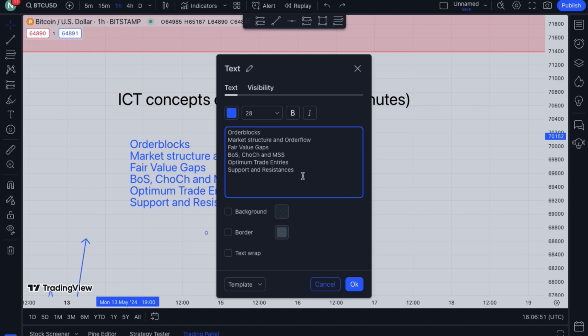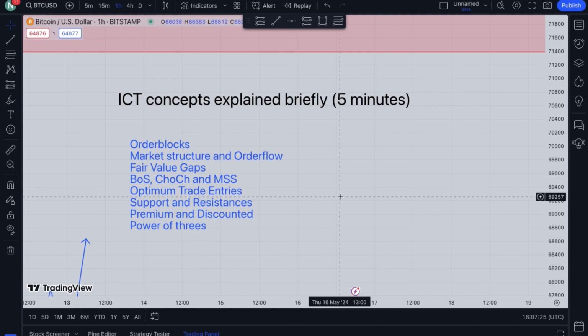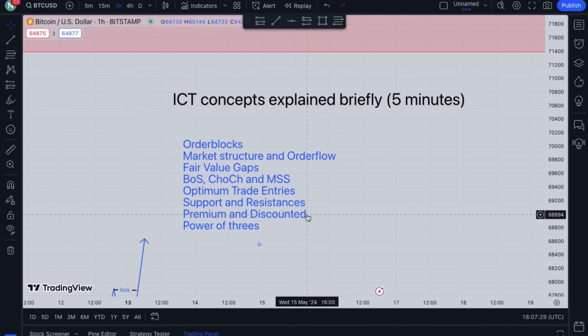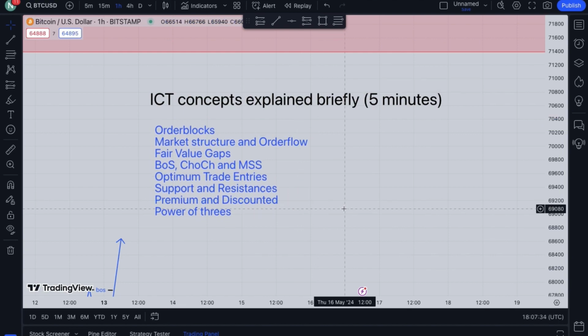So we have the premium and discounted pricing. Let me just put that down here. We also have the power of threes. So we'll be looking at all these in greater detail. For instance, the premium and discount price helps you with the entry, tells you which price level is good for taking buys and which is good for taking sells.